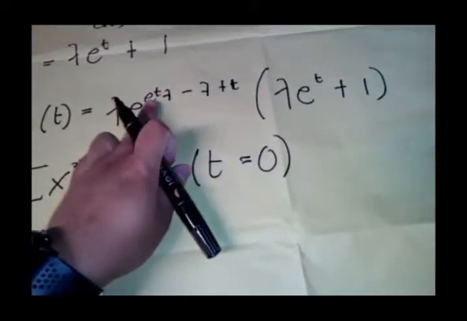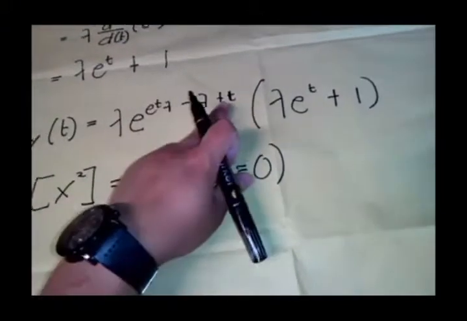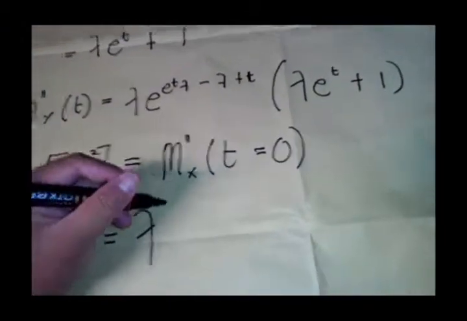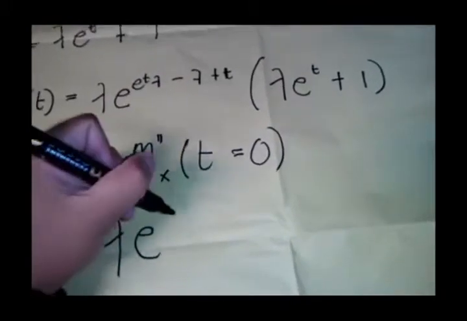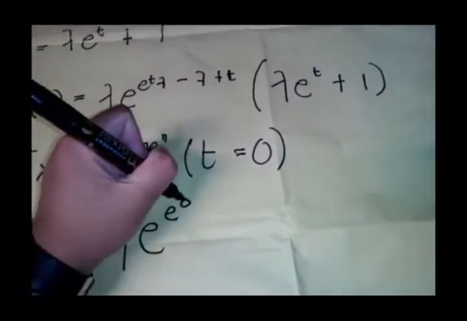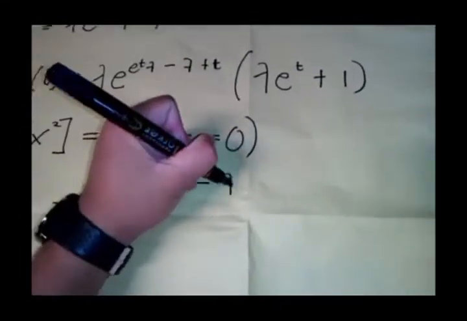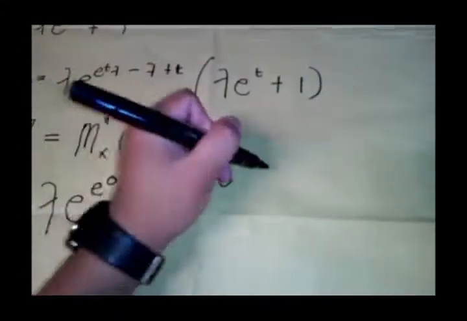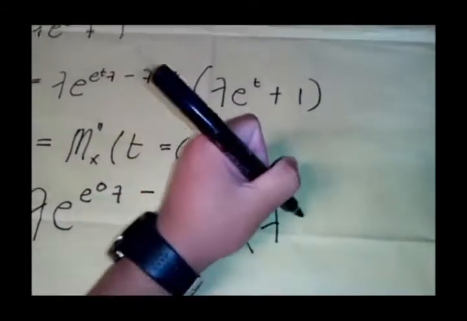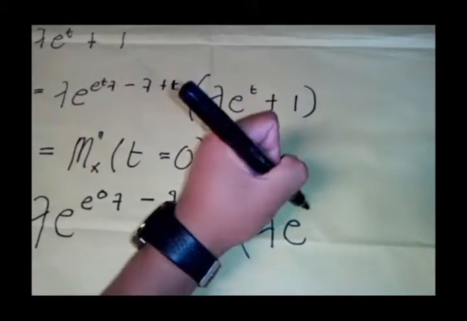So we need to substitute this one, this one, and this one. So we have lambda times e raised to the power of e to the 0 times lambda minus lambda plus 0, times lambda times e raised to the power of 0 plus 1.